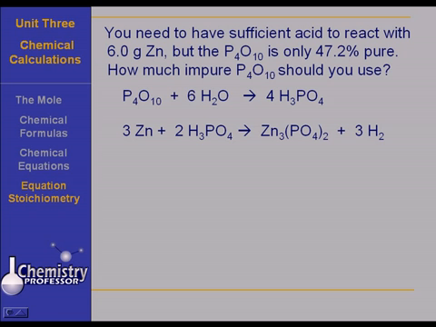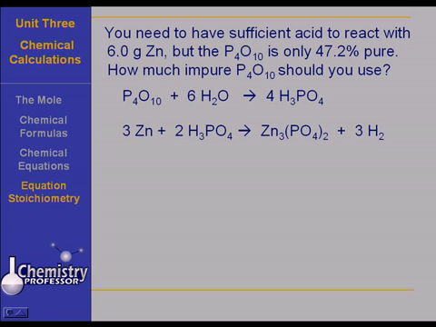The thing is, we have 6 grams of zinc that needs to react. But the P4O10 that we have in the first reaction is only 47.2% pure. And the question is, how much of that impure reagent do we need to have to react with zinc, to produce enough acid to react with zinc?